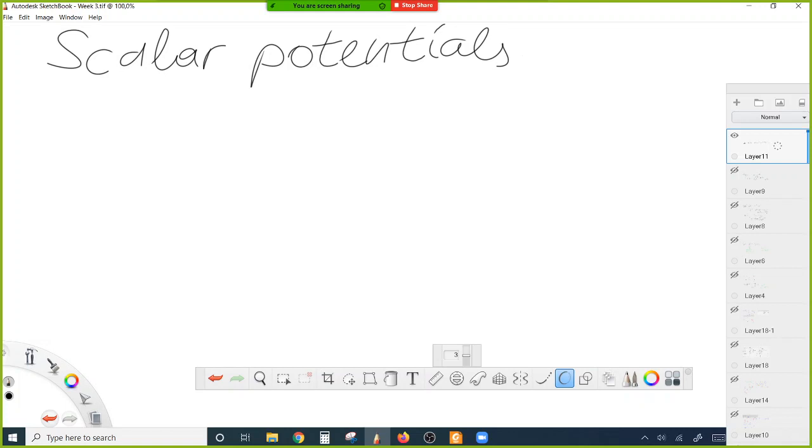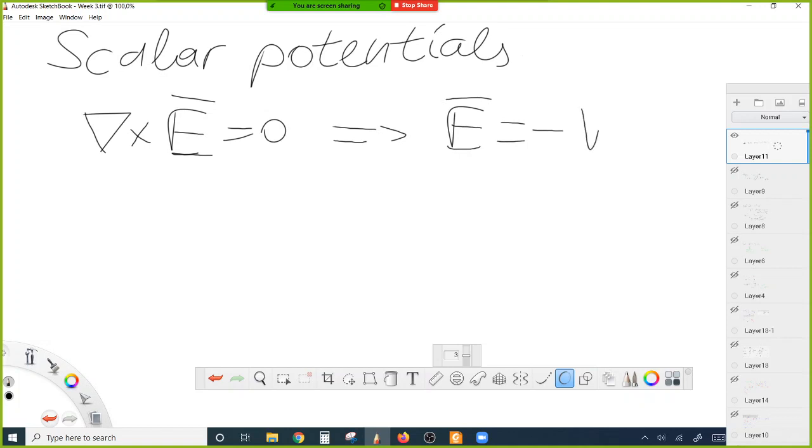It means the rotor or curl of the electric field intensity is zero, and from this it follows that we may define for our electric field intensity a scalar potential V, which completely describes the electric field intensity.